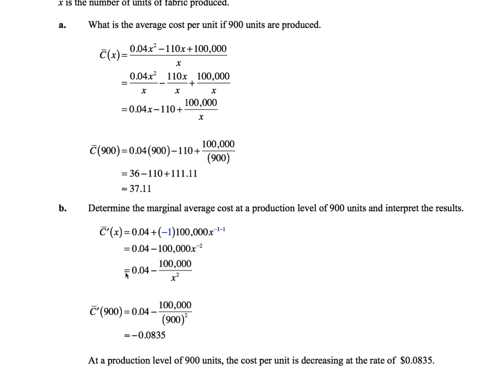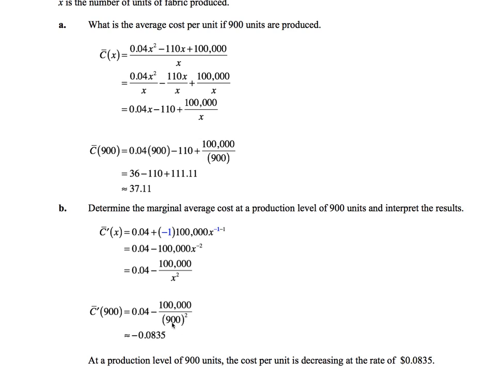So this is the marginal average cost function, and we want to know what the marginal average cost is at a production level of 900 units. So we substitute 900 in for x into the marginal average cost function.